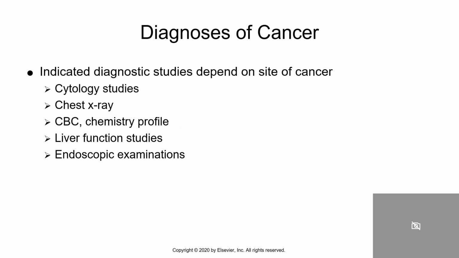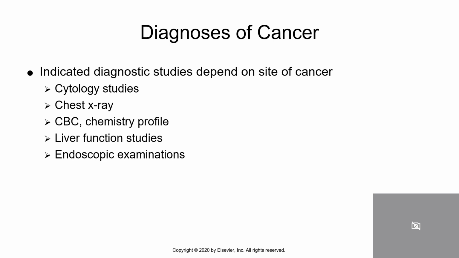Diagnostic studies are going to be selected based on the specific site of where we suspect the cancer. For instance, cervical cancer, of course, pap smears, and, oh Lord, I want to say colonoscopy, but that's not it. Colposcopy. Thank you.